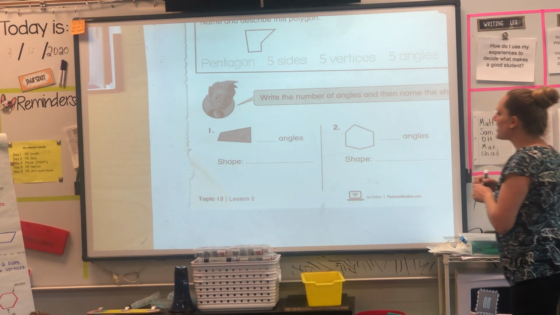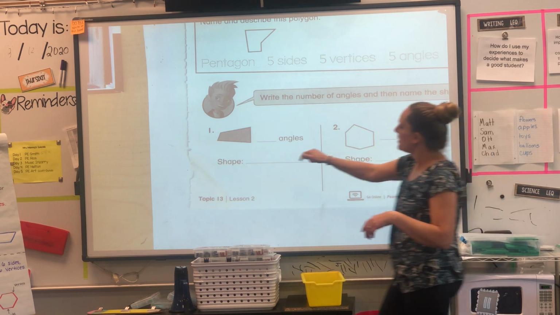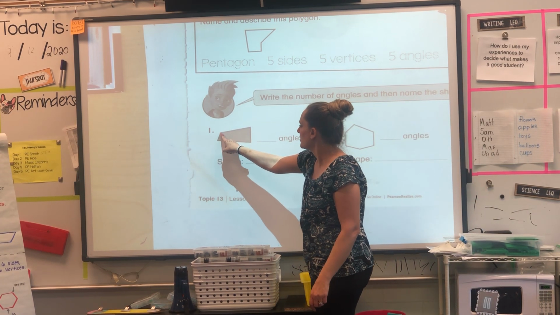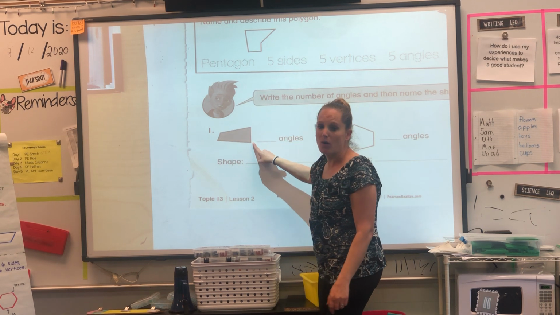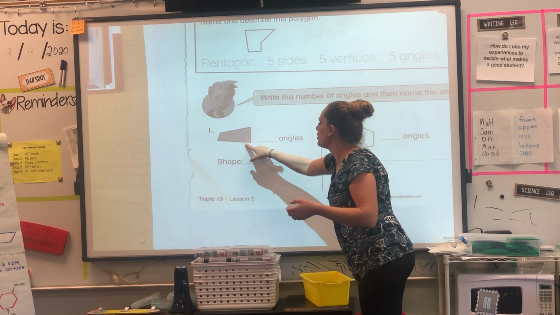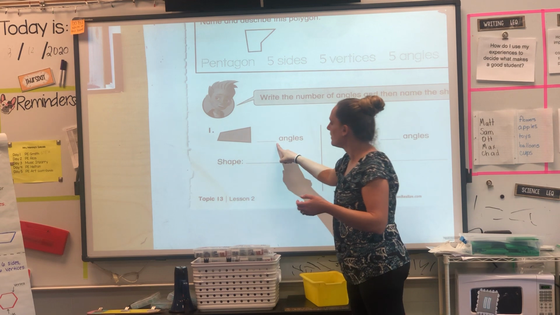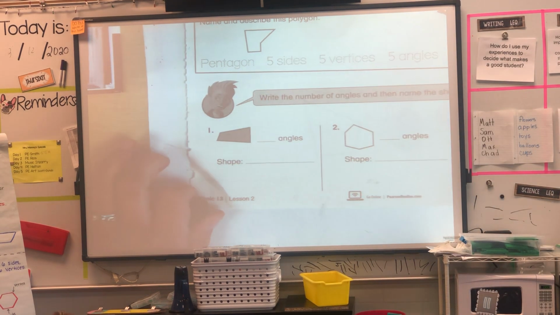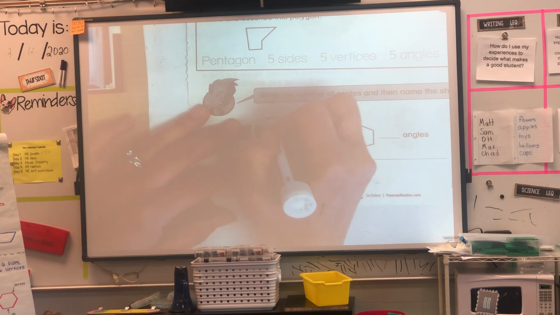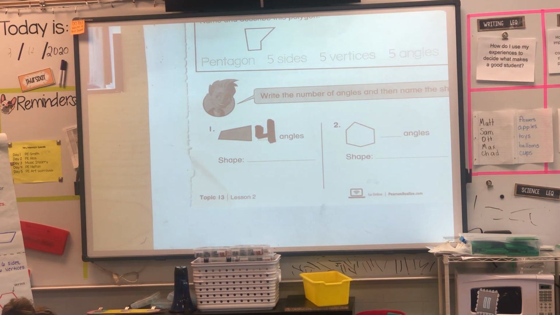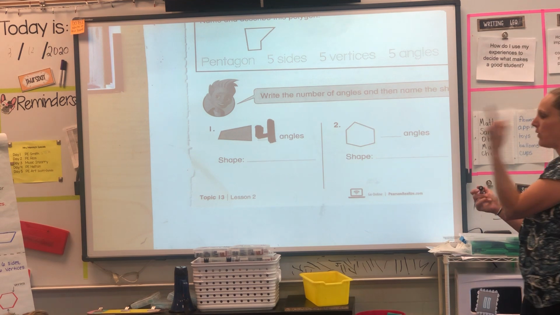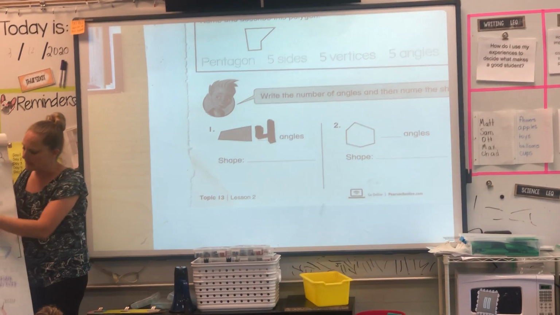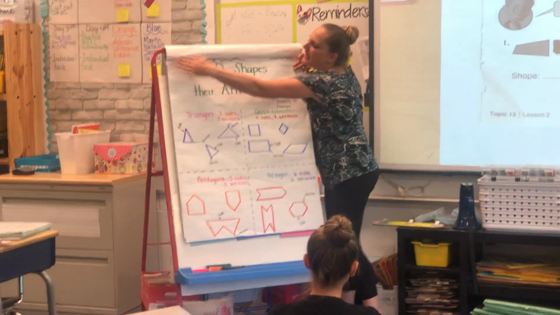So let's take a look and let's count. Ready? Let's count my edges. Count with me. 1, 2, 3, 4. So how many angles do I have? 4. We discussed that yesterday, didn't we? So I have 4 angles. And if I have a shape with 4 angles, 4 sides, 4 vertices, what do I have?